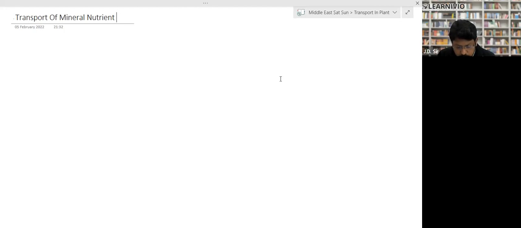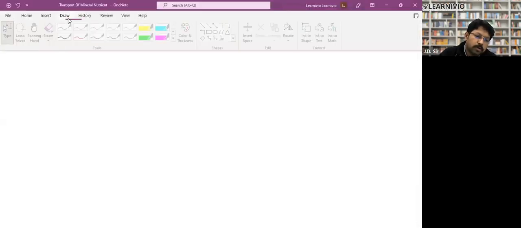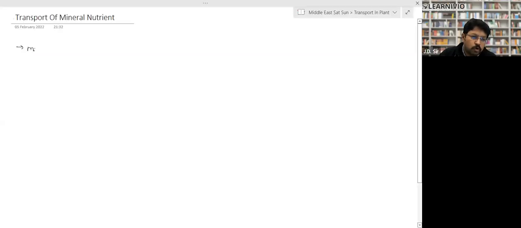Most of the minerals enter into the root by active process.